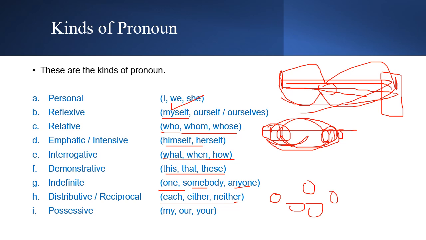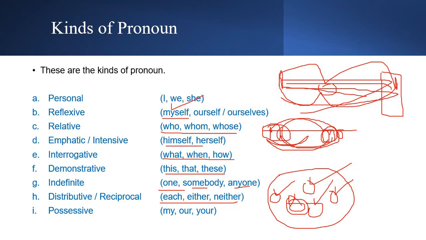Because I'm not talking about the whole group in general. I'm saying every one of the group received one book. So this person received a book, this person received a book, this person received a book, this person received a book. But if I say the group received the book, so maybe most of them have received the book, but maybe not this person.